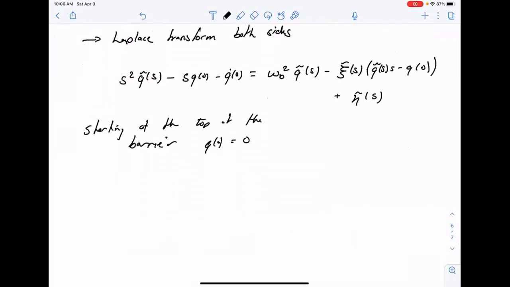We could rearrange this algebraic equation to solve for the Laplace transform of Q. This would give us a Q dot of 0, a Laplace transformed noise, divided by, pick up s squared from the second derivative, I pick up an s times the Laplace transform of the friction, and minus omega b squared.